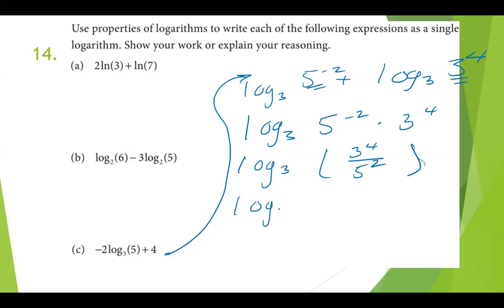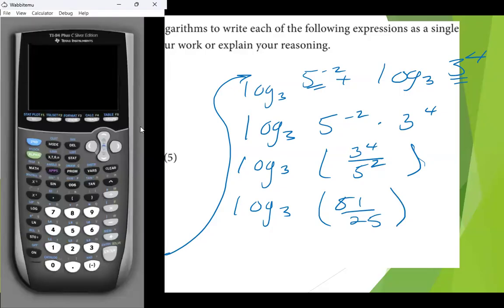And we keep on doing the math. This would give us 81 over 25. Okay? So I wanted to get down to that to show you what that would look like.